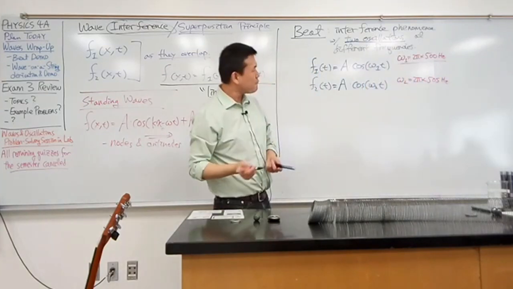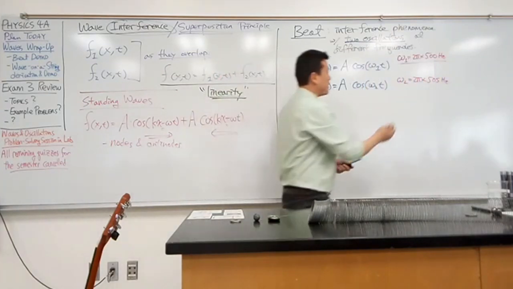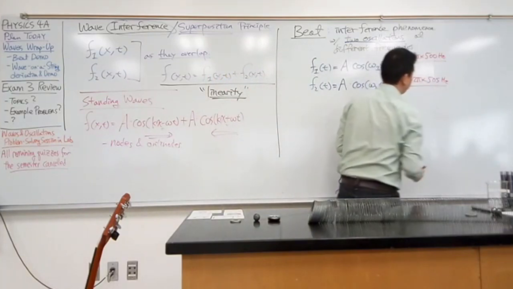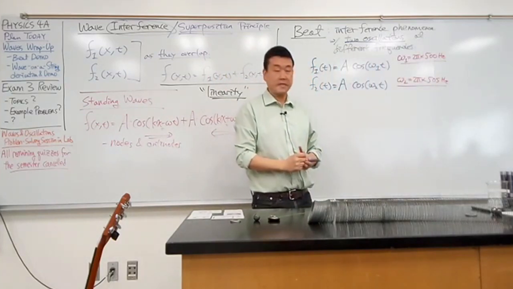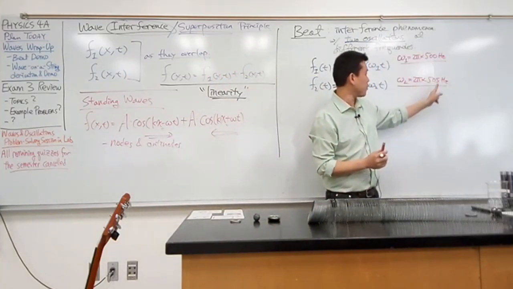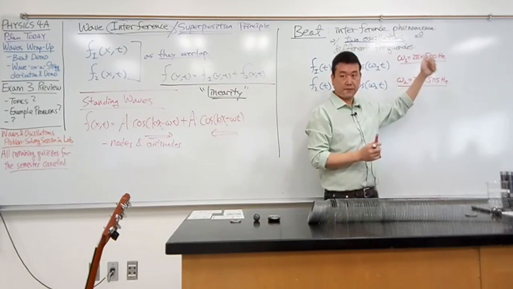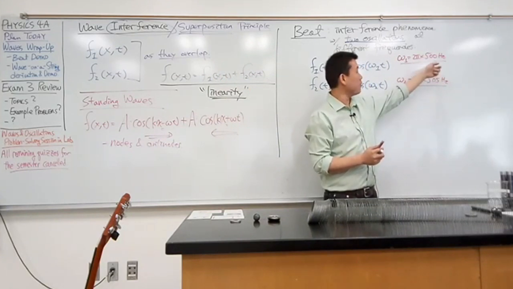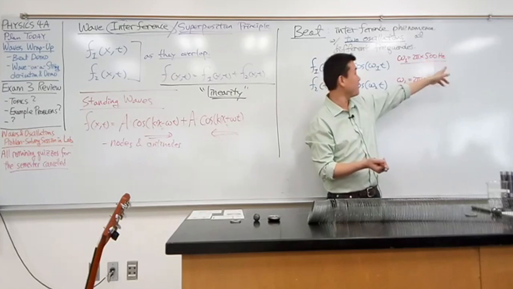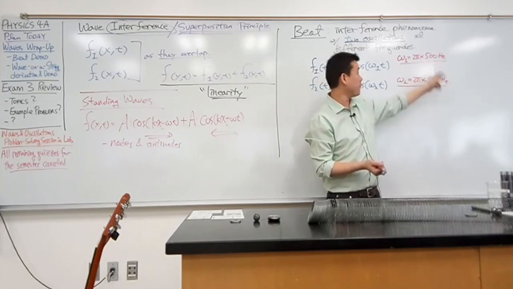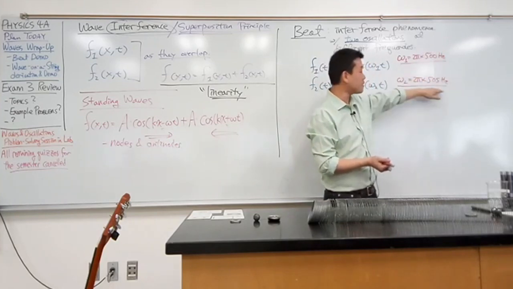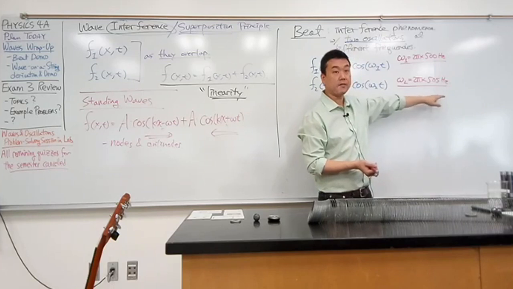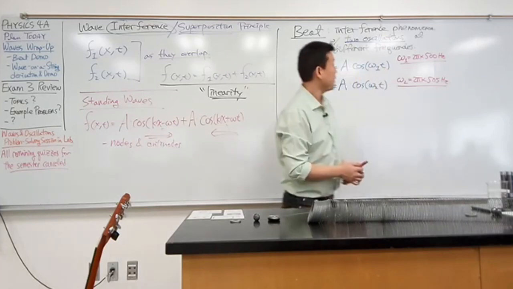I'm writing the numbers down here because for this beat to be very noticeable, it's important that these two frequencies are slightly different, but only slightly different, very close to each other. If it was 500 and 1,000 hertz, you would not hear the same thing that we were hearing just now.